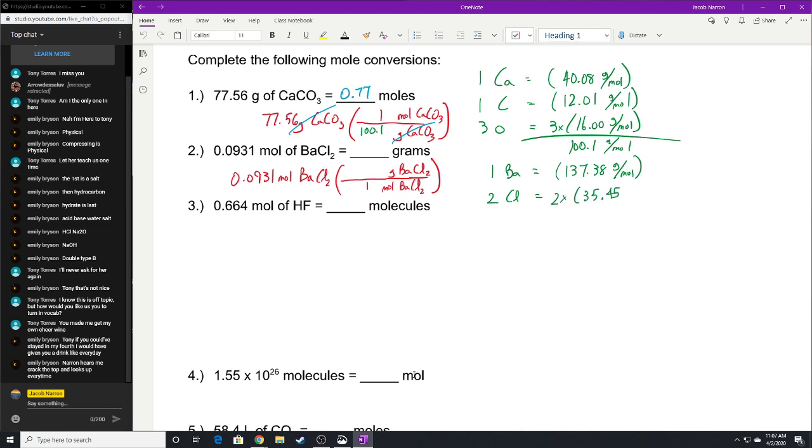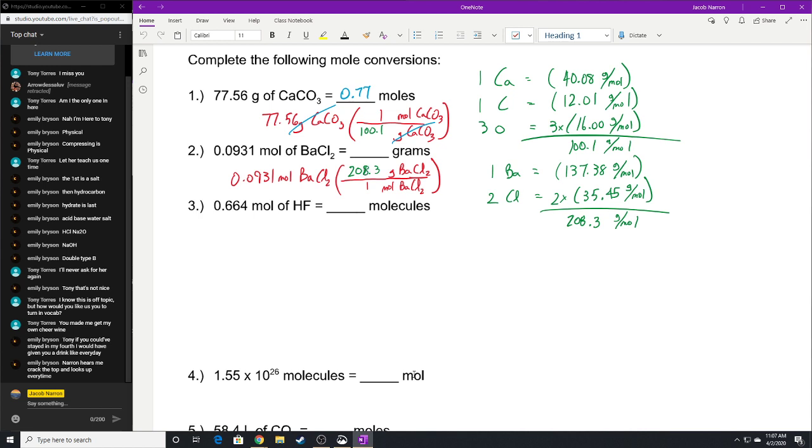So I'm going to add all that together: 137.38 plus 2 times 35.45. And I get 208.3 grams per mole. So it's going to go right here. There we go. What a great 8 I just drew.